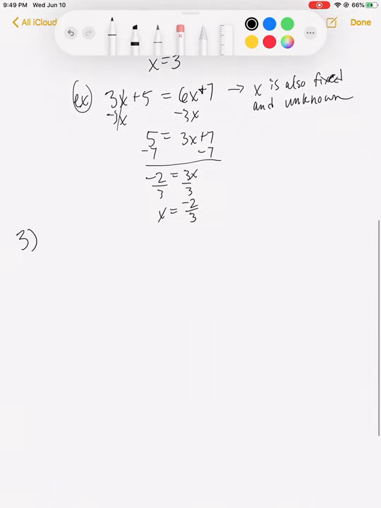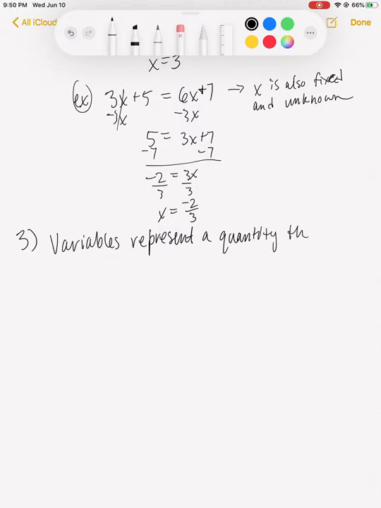The third role of variables. Variables represent a quantity that varies. For example, we can do 3 times y is equal to some number f.